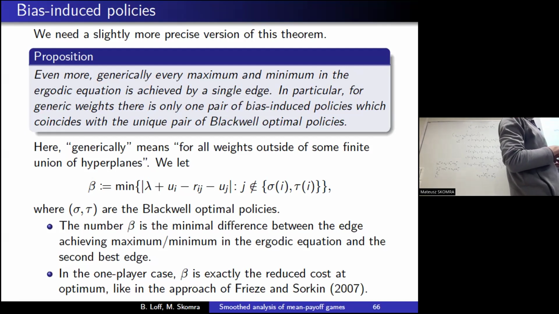Okay. And the motivation for this quantity really comes from this paper by Frieze and Sorkin, because in the one-player case, you can write the one-player case as a linear program, and in this linear program, this is exactly the reduced cost at optimum, exactly like in the optimal assignment. So this is like a two-player generalization of what Frieze and Sorkin did in optimal assignment. So this is this quantity beta.